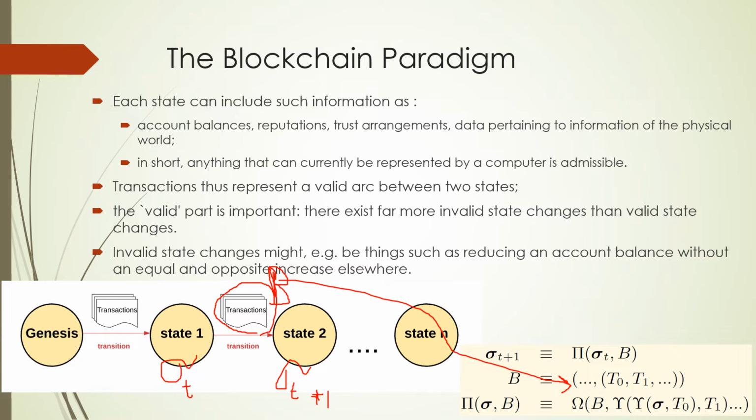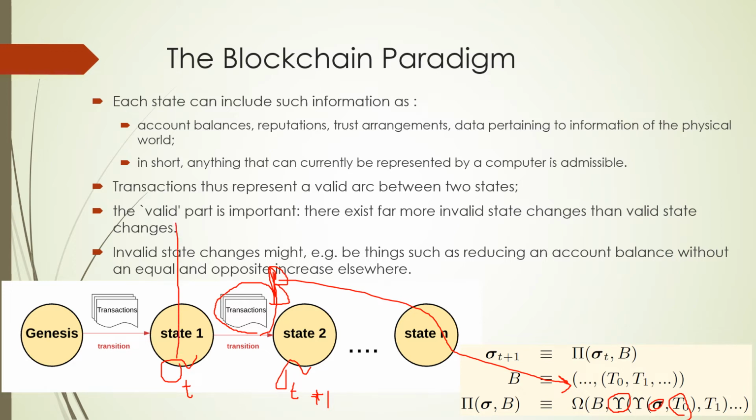There exists a transition function, which is this one. It's called the capital upsilon. That's a Greek alphabet symbol. And this function basically gets one state like sigma and one transaction, and it returns the next state.